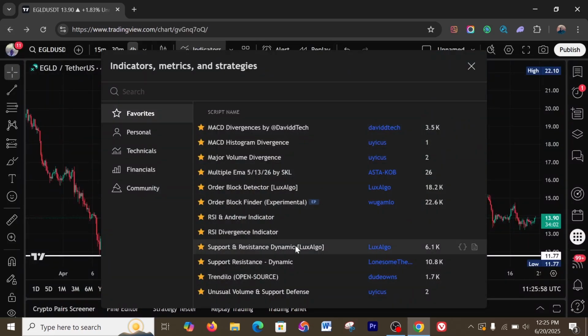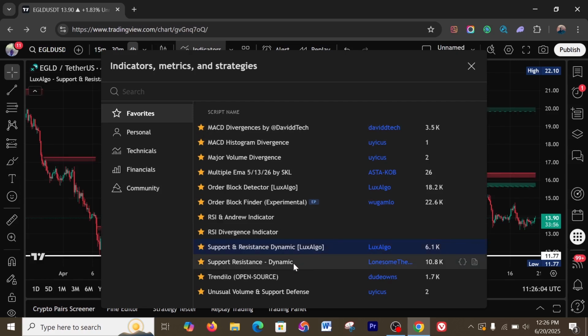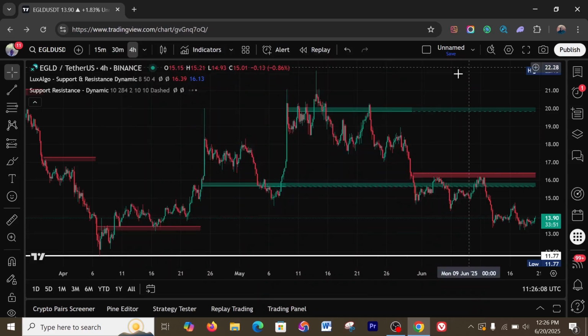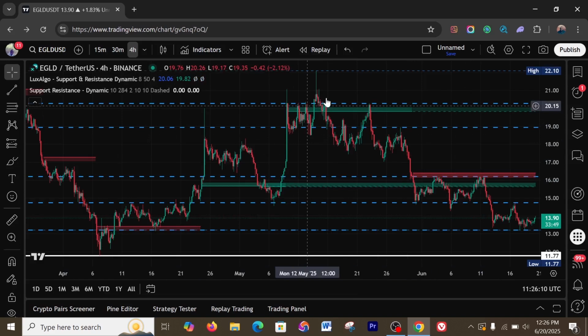So what you do, you add this particular support and resistance indicator, and then you add these two, and you would just see the areas of support and resistance. You could see this is the highest point, you could see another point, another point, just like that.